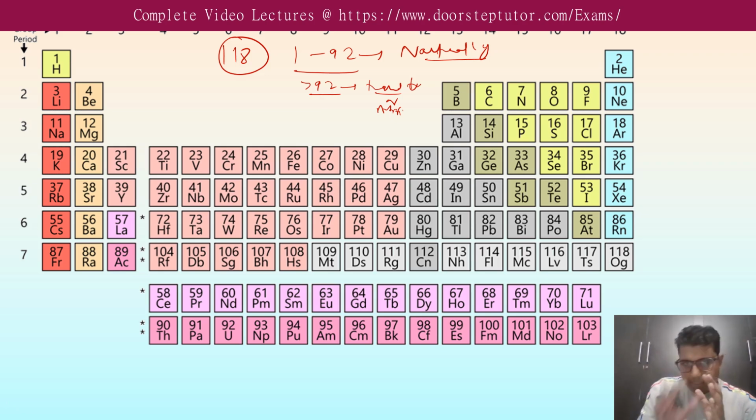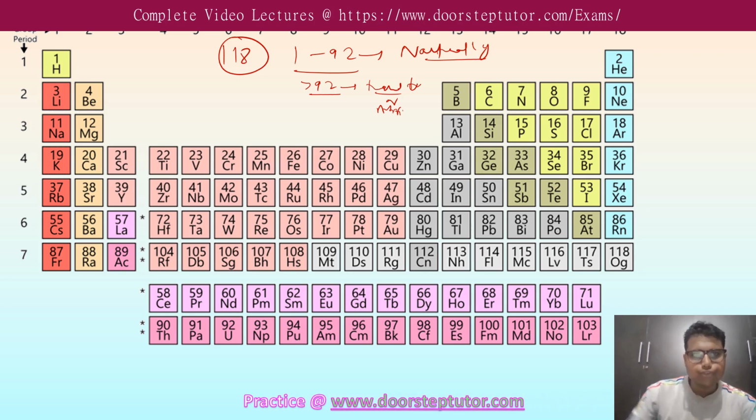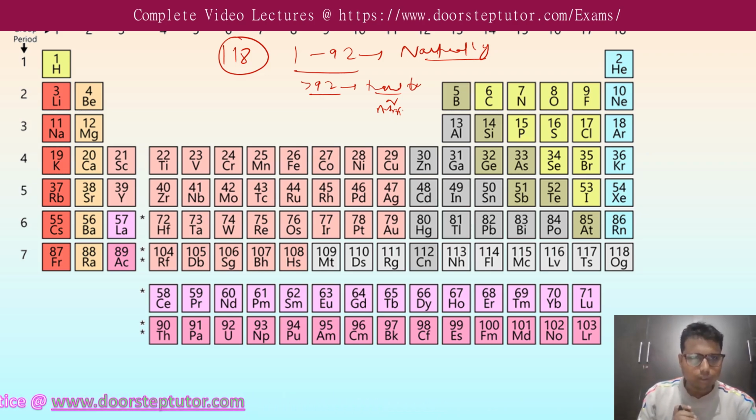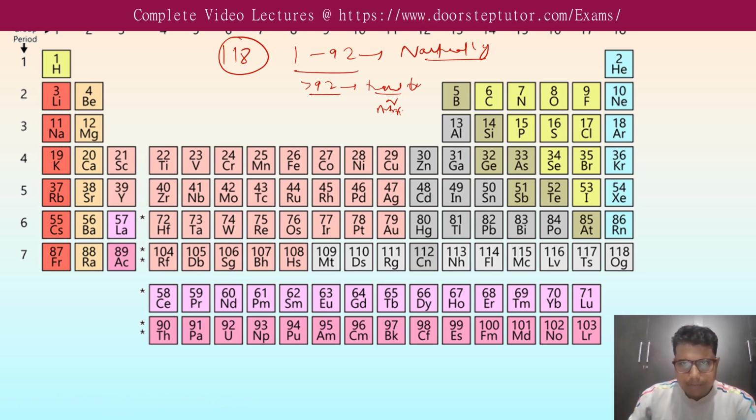Okay, so after the uranium, which has the atomic number 92, the elements are considered as the transuranic elements. So in the 118 elements, some elements are metals, some are non-metals, and some are metalloids also. Whenever we talk about this, there is a line here, starting from the carbon, which will differentiate the non-metal from the metal.